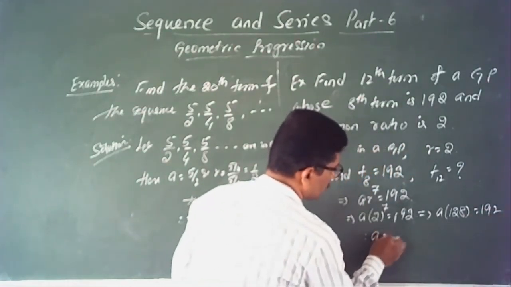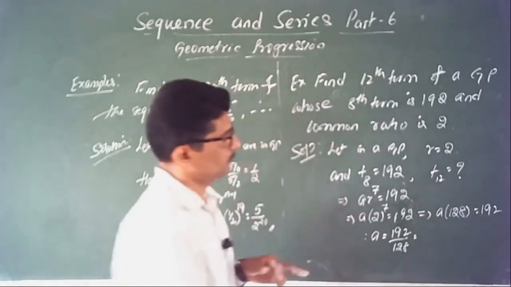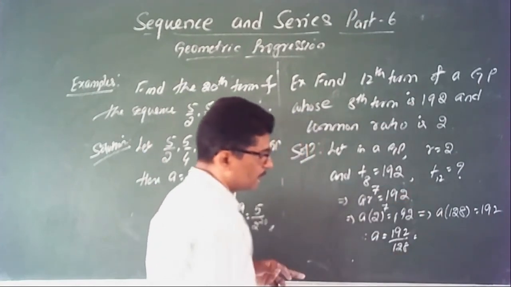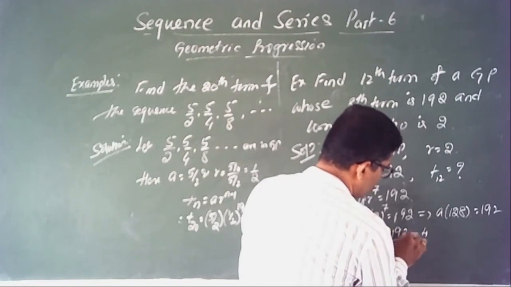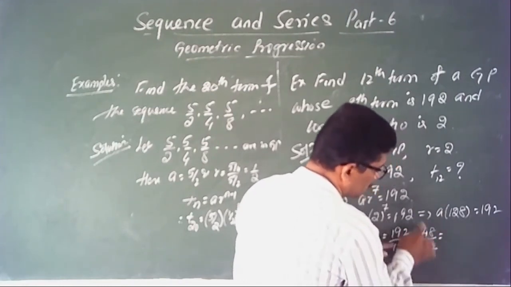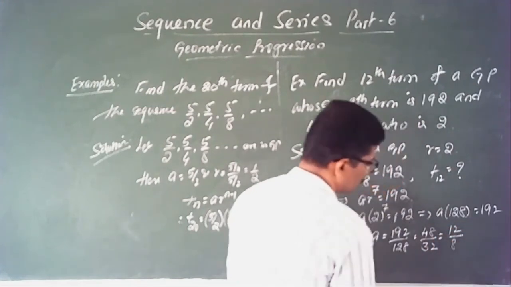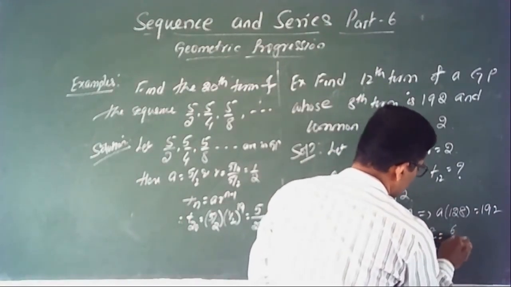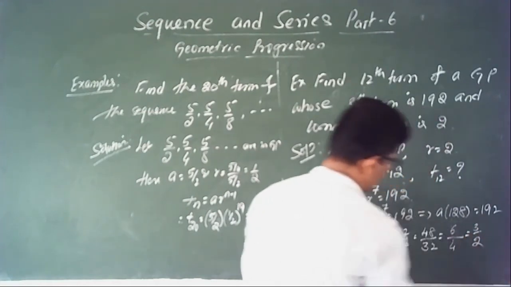Therefore, a is equal to 192 divided by 128. Is it clear? Then find the values. Simplify and write: it cancels by 4. 4 into 4 is 16, 4 into 8 is 32; again it cancels by 4. Its value is 3 by 2.